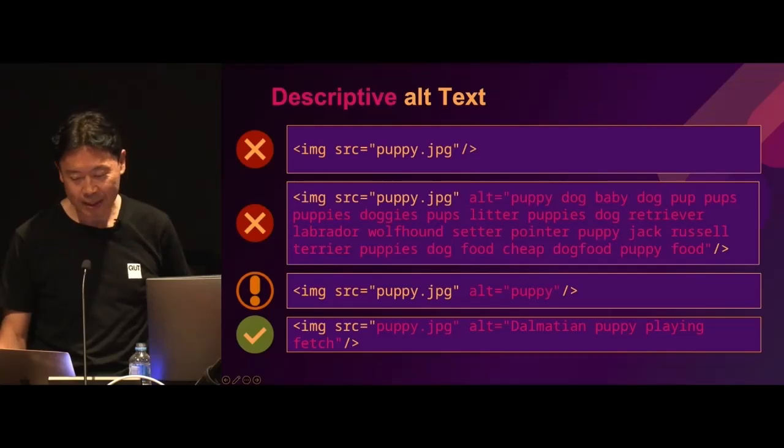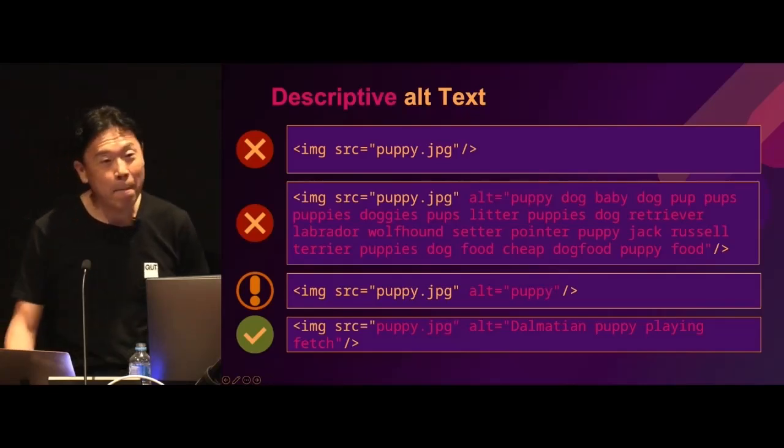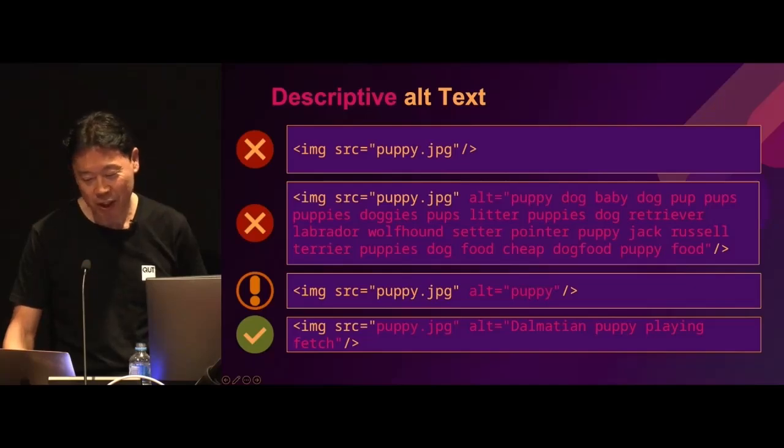Let me illustrate this with a quick exercise. Please close your eyes, okay? When I say puppy, what do you picture in your mind? Puppy. I bet the puppy you imagine is quite different from the puppy the person next to you is imagining.